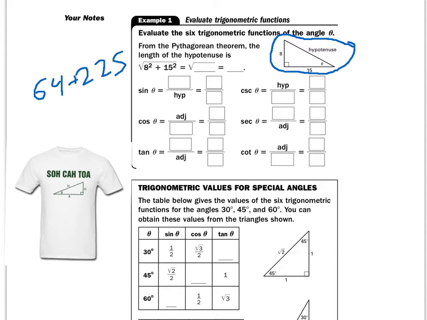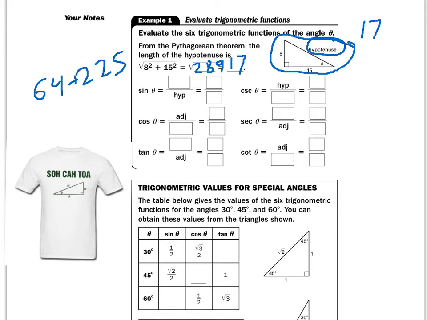So when I add 64 plus 225, I get 289. And the square root of 289 is 17. So my hypotenuse over there is 17. So my triangle is 8, 15, 17.